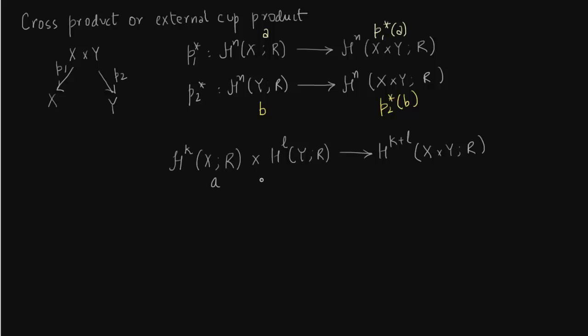You take a and b and take them to the cup product. And similarly for the relative case. Both of the relative cases follow from the reasoning given on page 209.